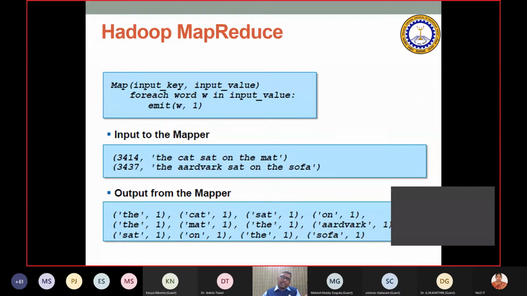If a file pointer is pointing to a particular character and the character is not a space and the next character is a space, then we consider that whole thing as a word. Like that, we can calculate all the words, right?